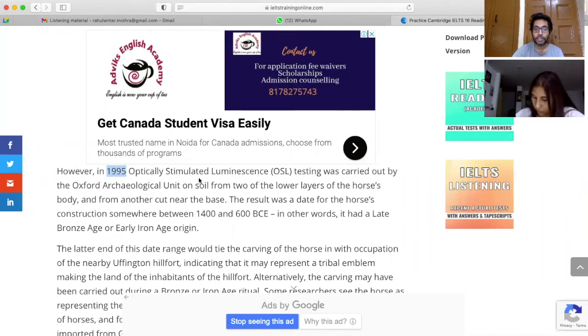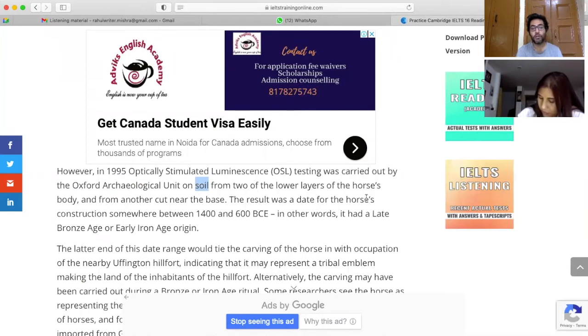Optically stimulated luminescence testing was carried out by the Oxford Archaeology Unit on the soil. This is something very important: the testing was done in 1995 on the soil. You mark it.